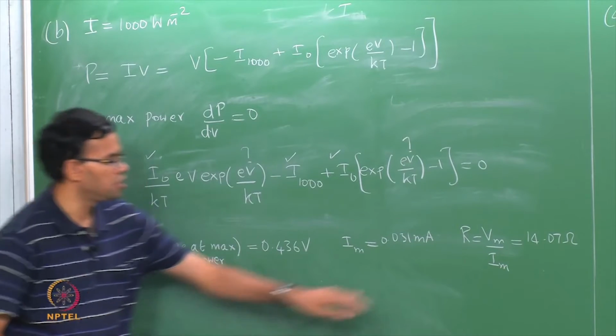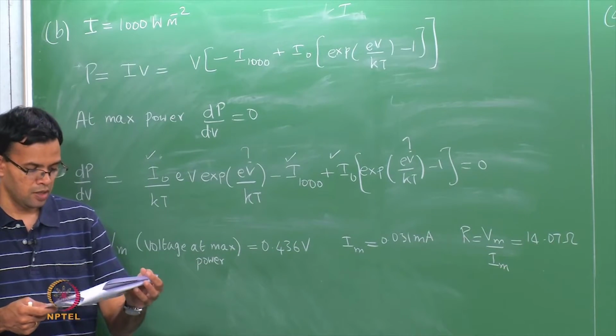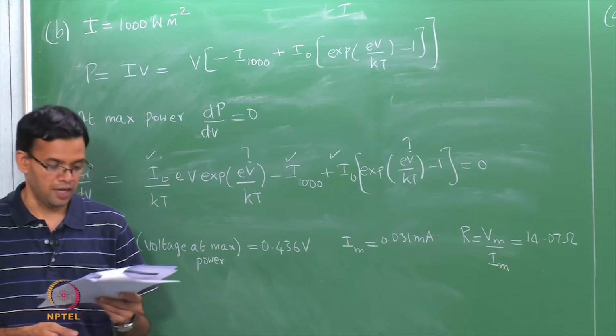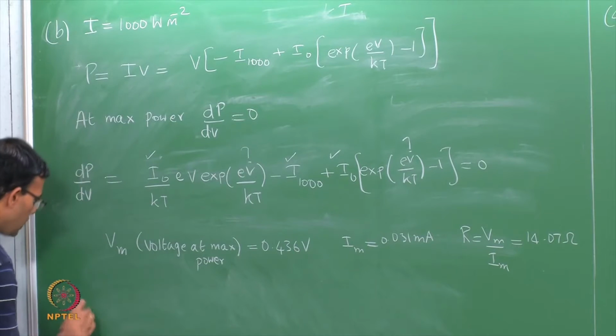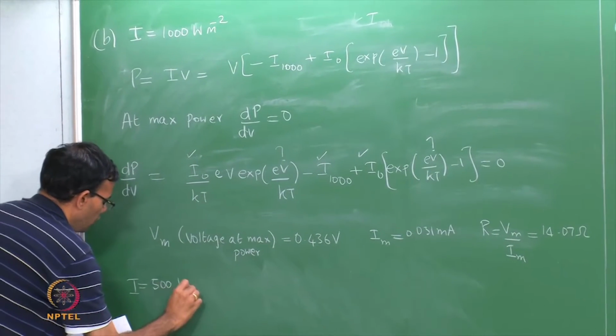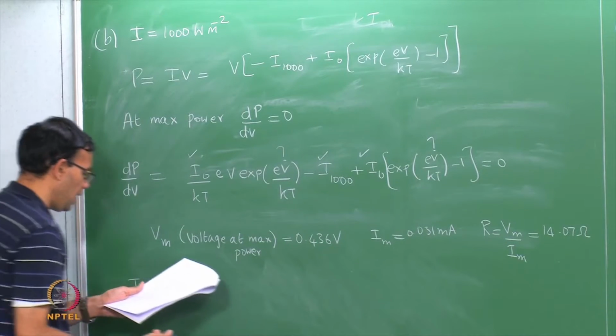So, this is essentially the load at which the power is maximum. We can also do this for the illumination at 500 watts per meter square. So, if I is 500 watts per meter square, we can repeat this. I will just write the answer.